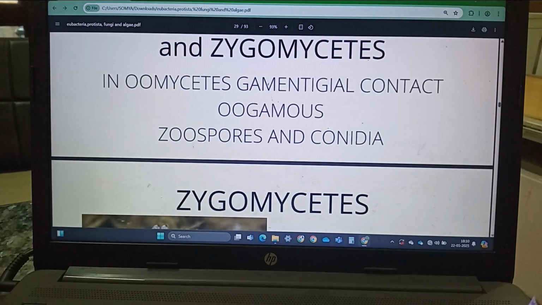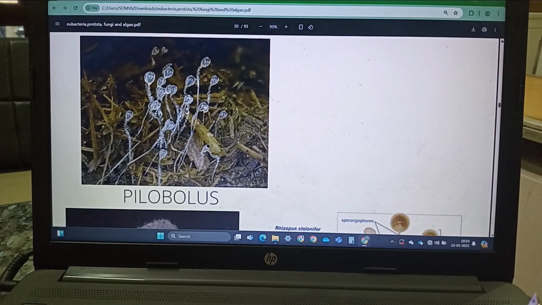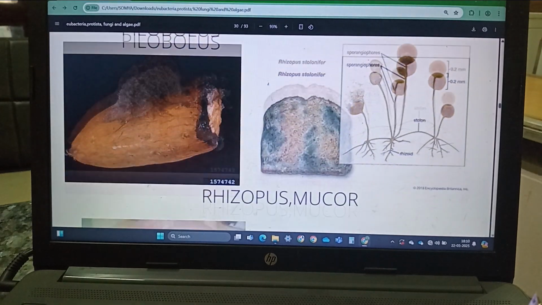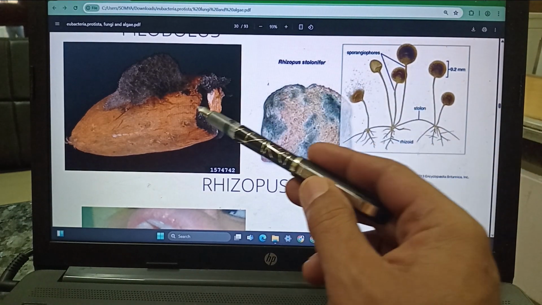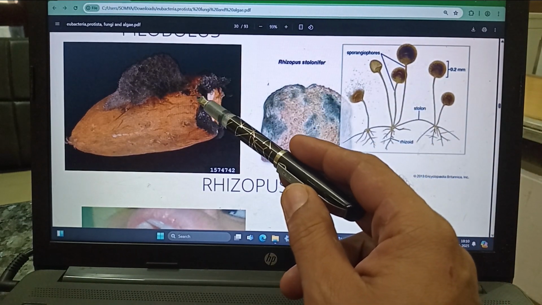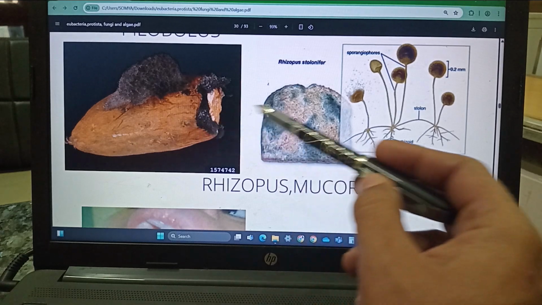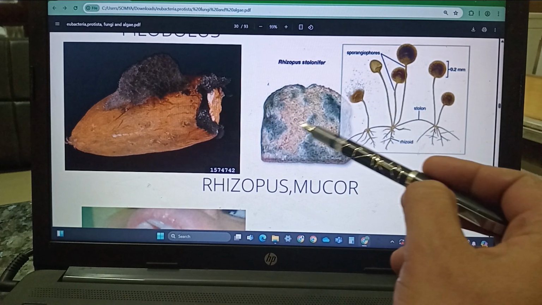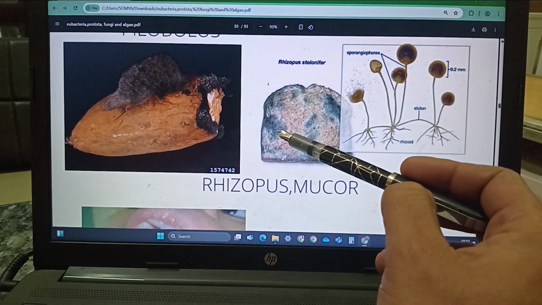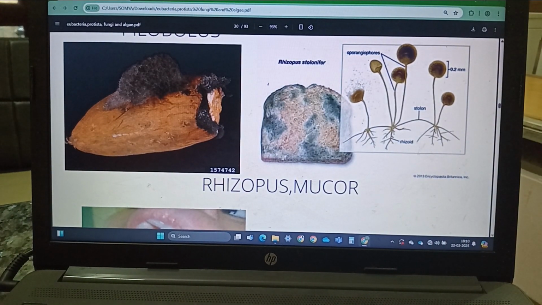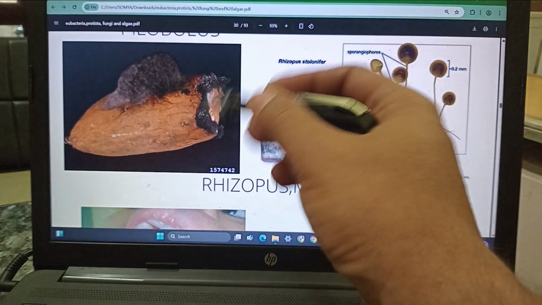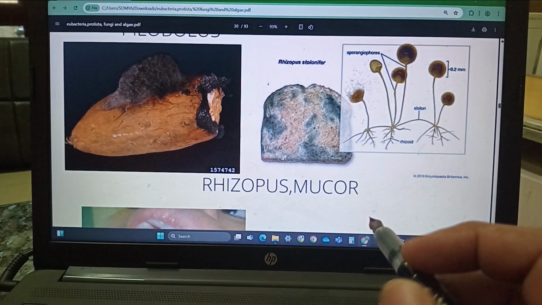Examples of the Zygomycetes include Pilobolus, Rhizopus and Mucor. Here we are seeing Rhizopus growing on bread, the bread mold, and Mucor growing on old fruits.